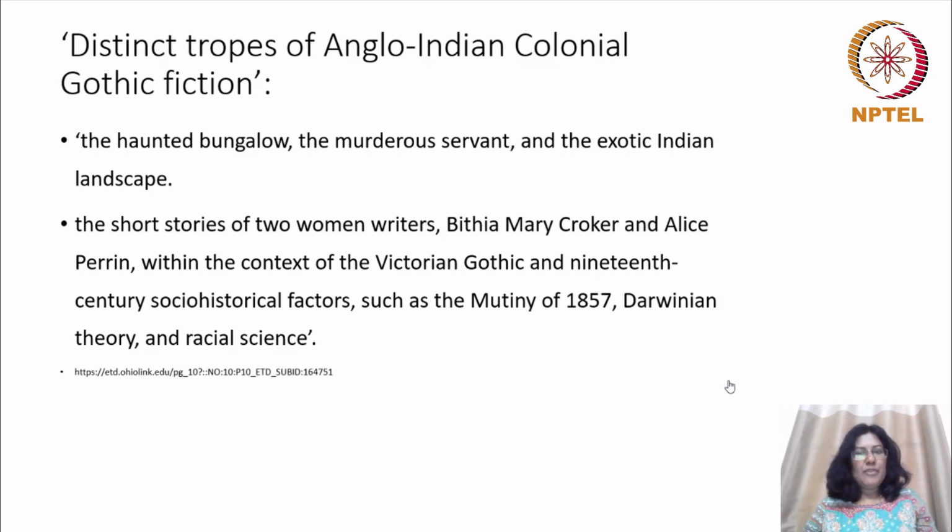There is the reference to the mutiny of 1857, and Darwinian theory and racial science are discussed in the fiction of these women writers. These writings can be categorized as Gothic because of the presence of all these Gothic elements, and these Gothic elements try to make sense of all these factors.